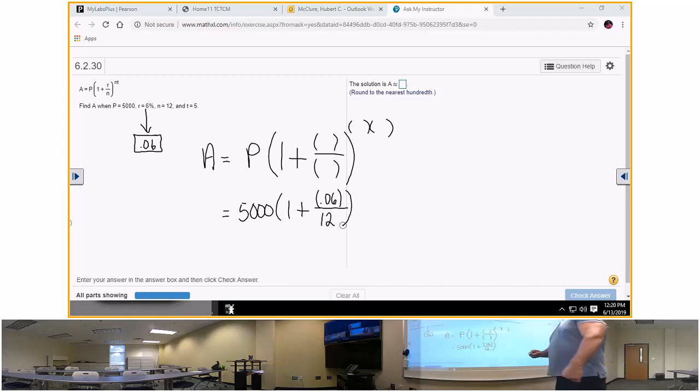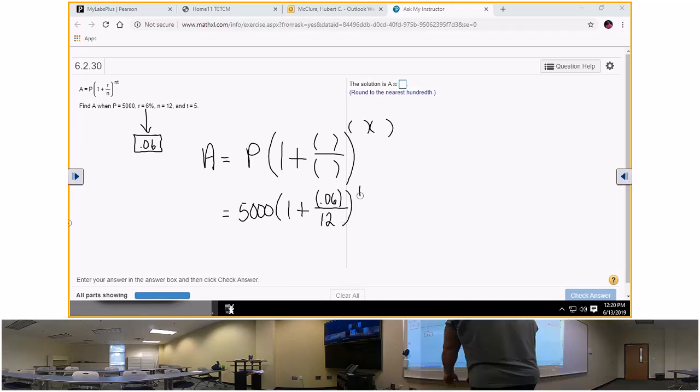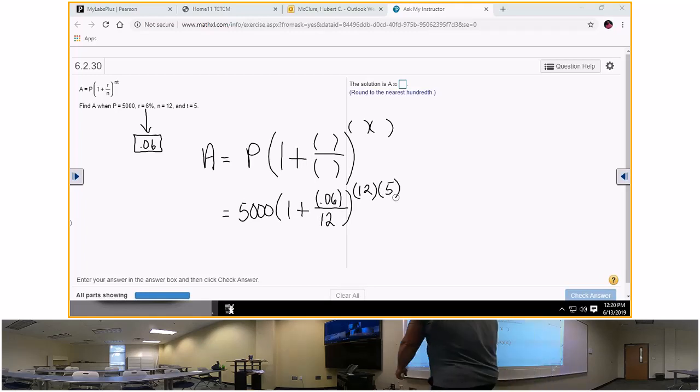In other words, the computer at the bank will compound your interest once a month, so 12 times a year. And then for 5 years, you're going to keep it in the savings account for 5 years. T is always going to be in years.